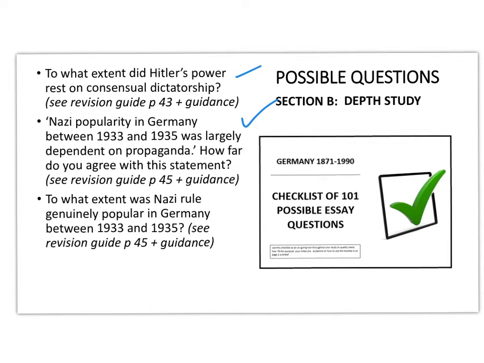And then there's another one, also from the revision guide: to what extent was Nazi rule genuinely popular in Germany between 1933 and 1935? Although our three lessons will focus on the whole of the Nazi period, 1933 to 45, you can use this material for a section B question if one comes up about Hitler's rule of Germany 1933 to 35.